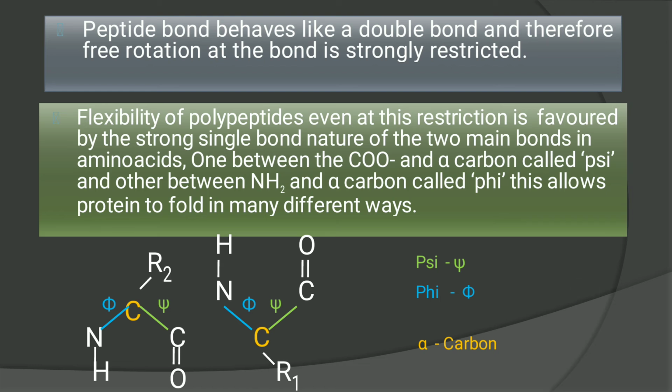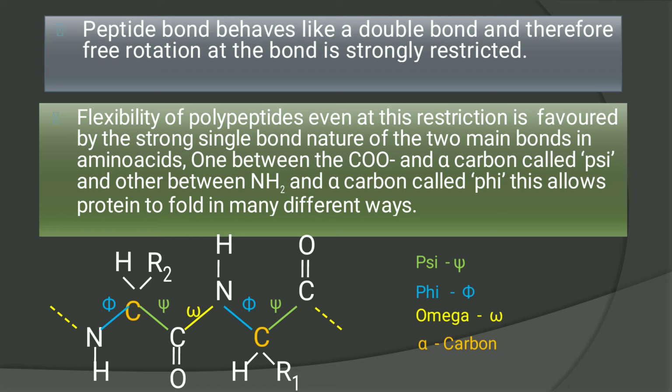Now, there is a peptide bond. The remaining valencies are filled by the R group and hydrogen, which are not involved in the free rotation of the polypeptides. You can see the peptide bond that links the amino acids in a polypeptide, and this peptide bond is otherwise known as the omega bond. The omega bond, even though it is single bond in nature, has a strong double bond nature that restricts free rotation.